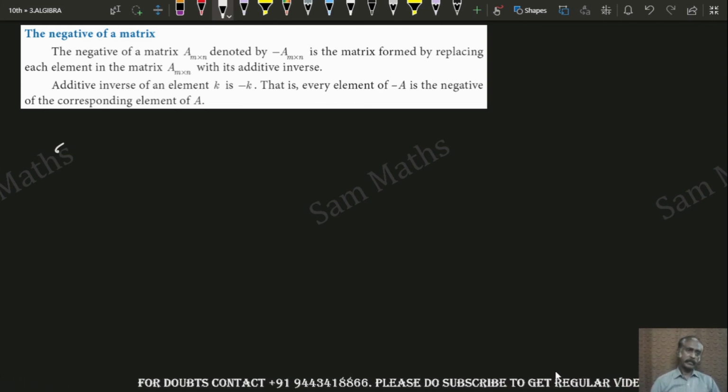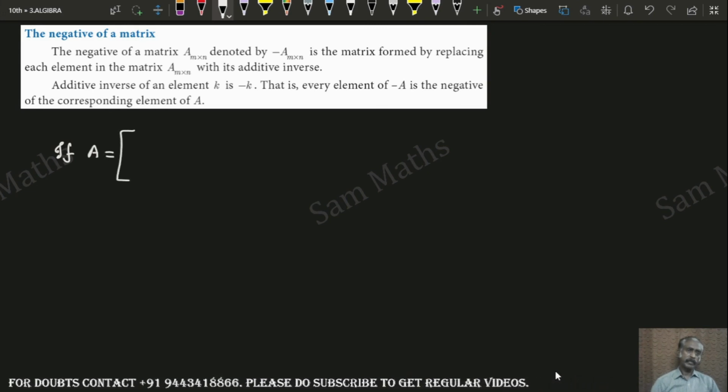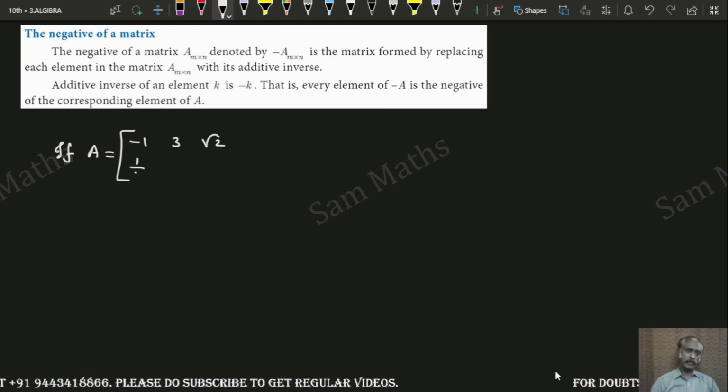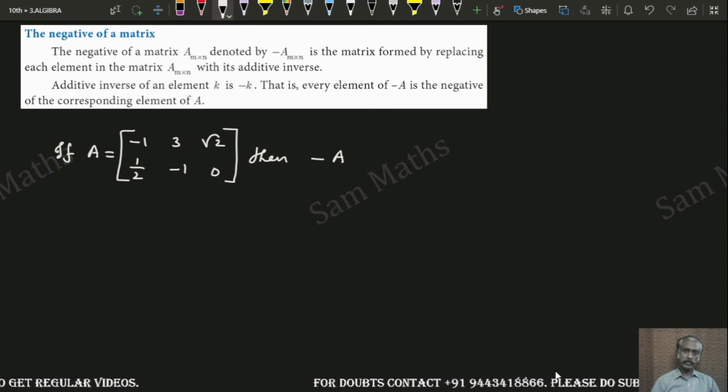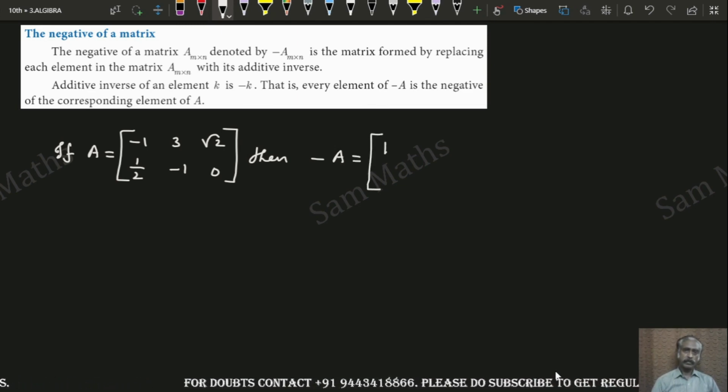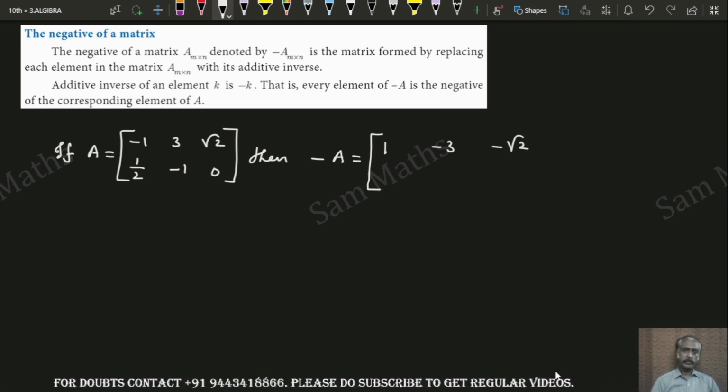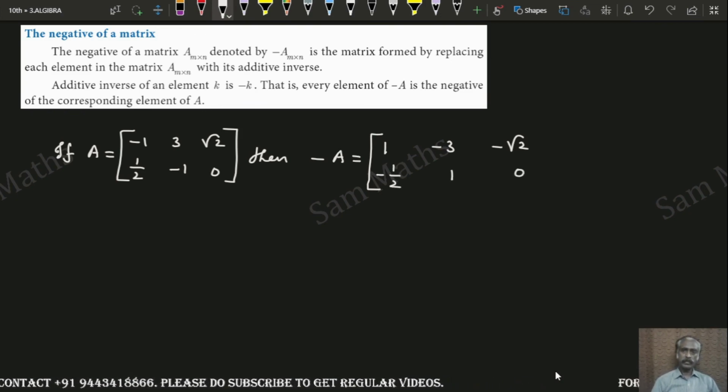Here I am giving, if A is equal to minus 1, 3, root 2, 1 by 2, minus 1, 0, then minus A is equal to 1, minus 3, minus root 2, minus 1 by 2, 1, 0.